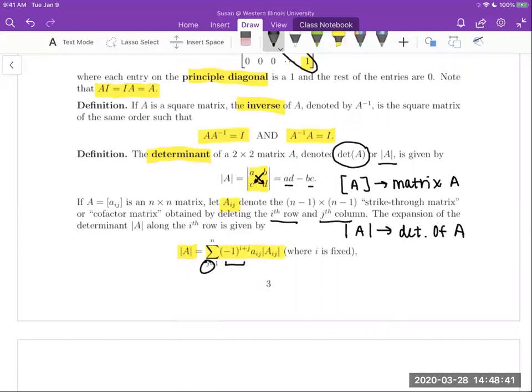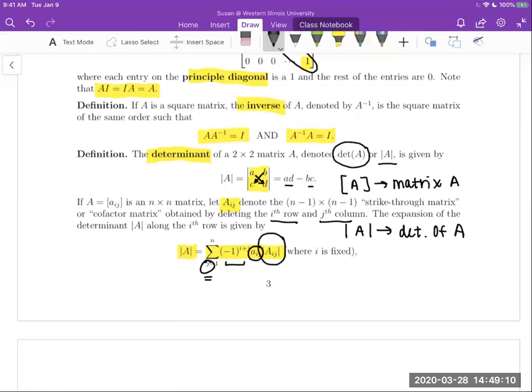So that's either going to output +1 or -1, depending on whether i plus j is even or odd. Then we're going to take the entry Aij. Again, we're indexing over j, so the row is going to stay the same, but the column is changing. So we're fixing a row and moving over each entry across the different columns. And then we multiply that by the determinant of this strike-through or cofactor matrix.